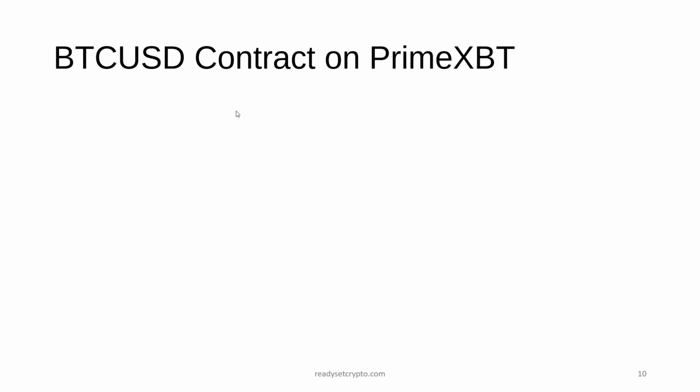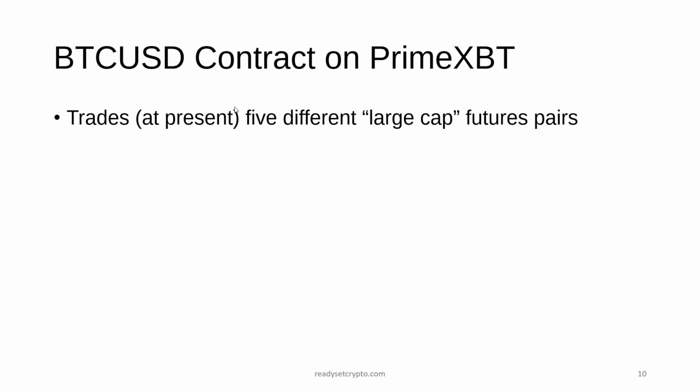Let's summarize what we saw for a minute here on the BTC USD contract on Prime XBT. It trades at present 5 different large cap futures pairs. So we saw that you could not only trade Bitcoin versus the US dollar, but also Ethereum and Ripple and EOS and Litecoin.